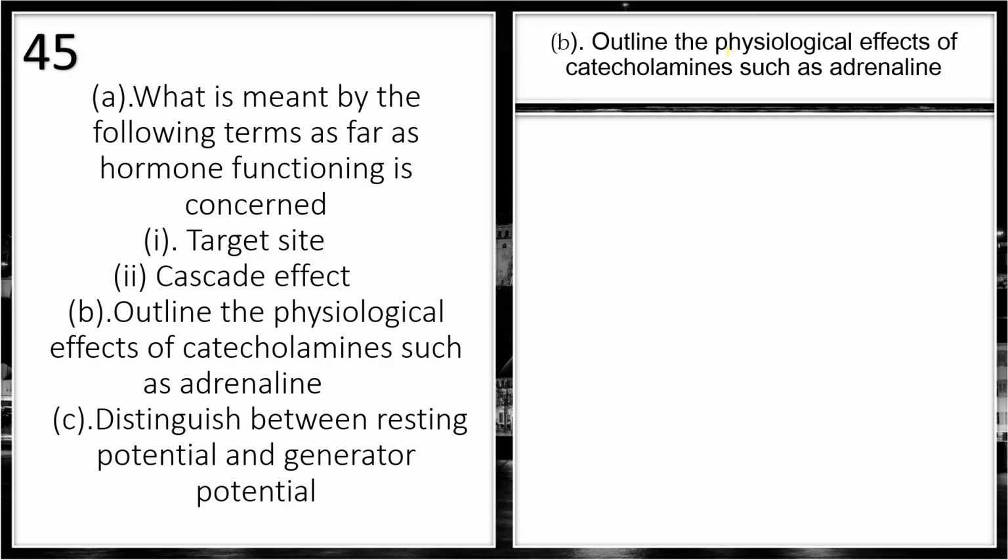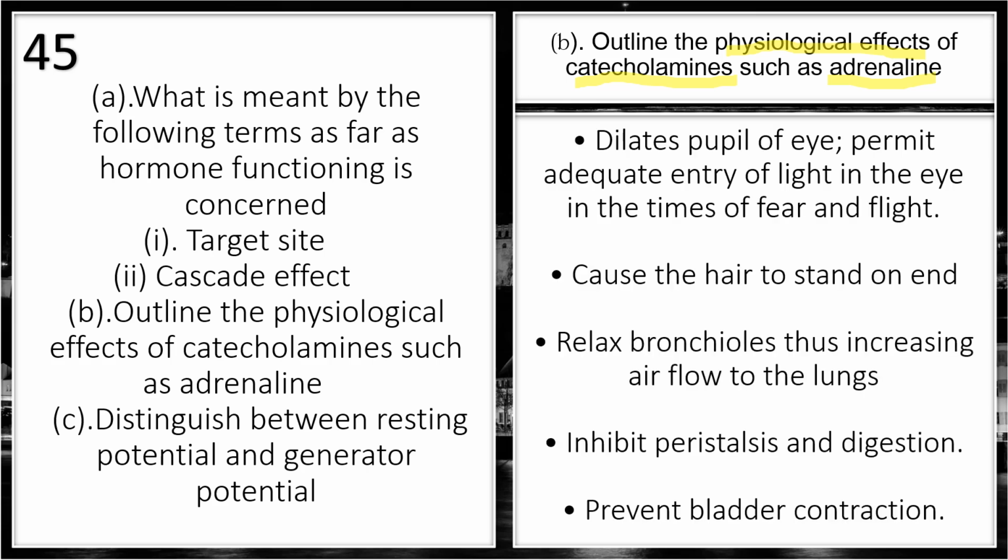Part B. Outline the physiological effects of the catecholamine such as adrenaline. Dilates the pupil of the eye. It permits the adequate entry of light in the eye in times of fear and flight.